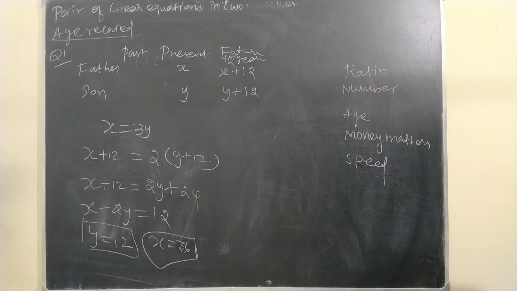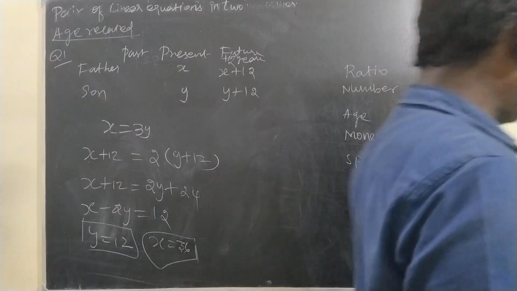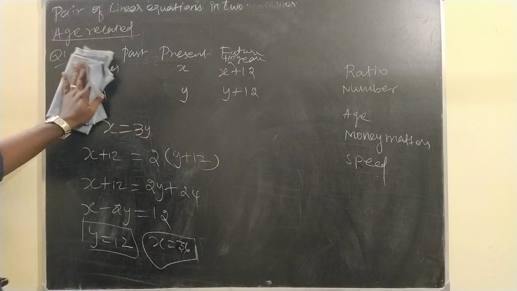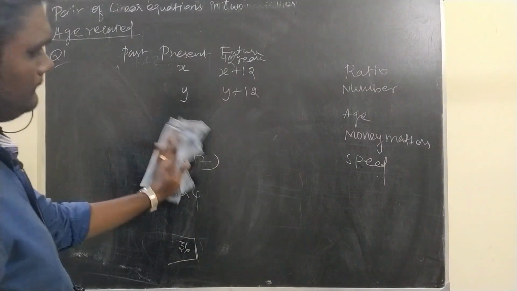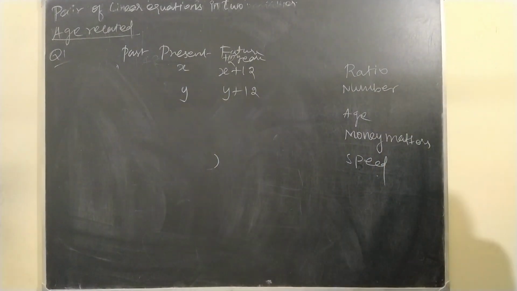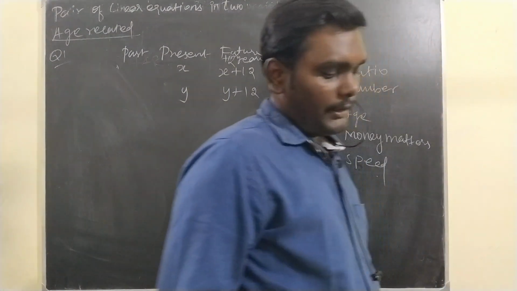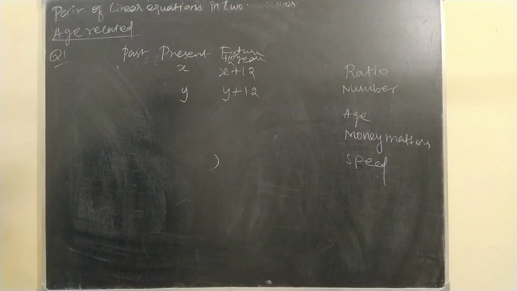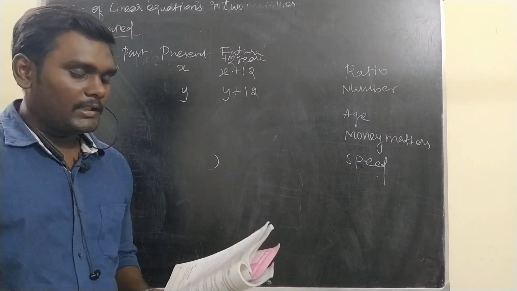Next step. Look at this question. I think this is in your book. Jacob, an age related question. Read the question. 5 years hence, the age of Jacob will be 3 times that of his son. 5 years ago, Jacob's age was 7 times that of his son.